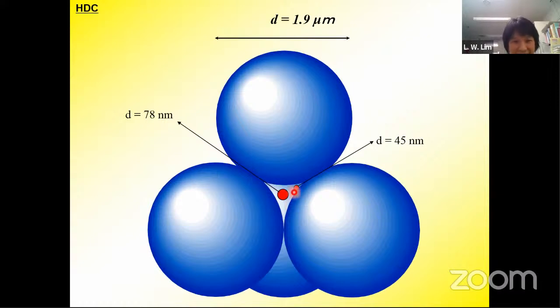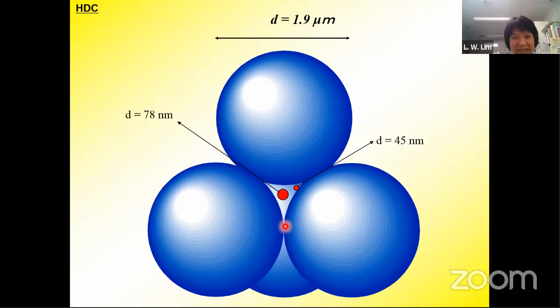So whatever goes inside here will have, for example, when we calculate it, a size of about 45 nanometers. The biggest, for example, the size we put here is 78. So meaning that, if we have a porous material and we also use the hydrodynamic separation interactions, you can have double interactions.